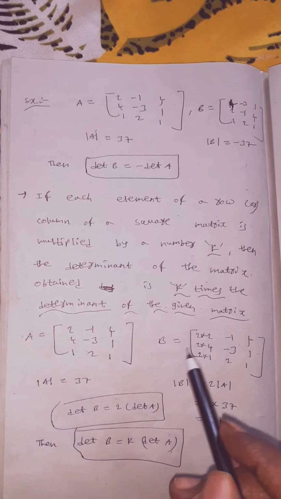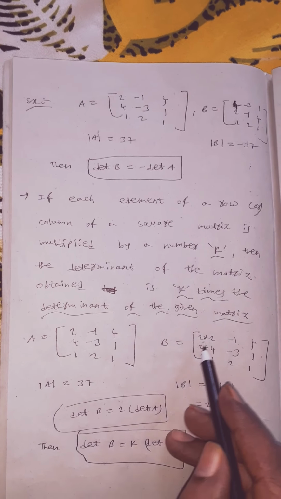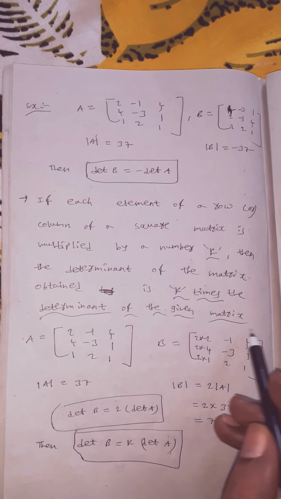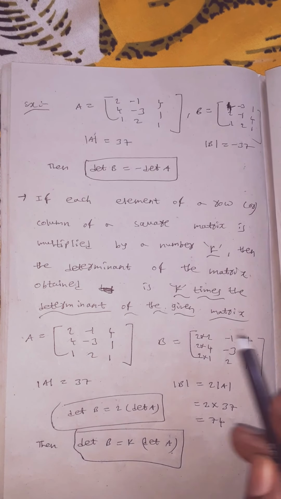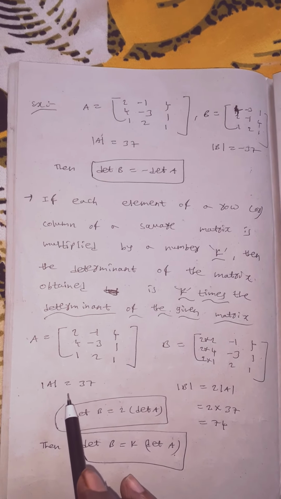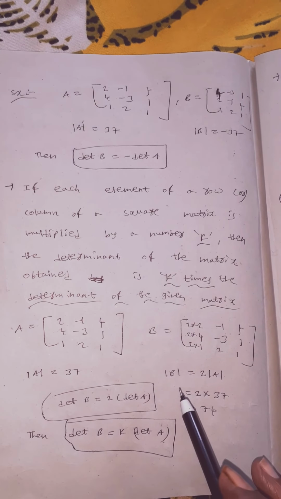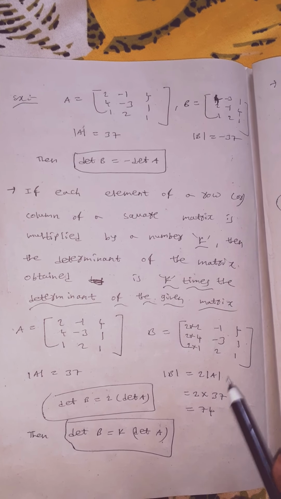B is equal to, here I am multiplying with 2: 2 into 2, 2 into 4, 2 into 1 minus 1. I wrote the second column and third column as they are. I have multiplied the first column with 2. If you are finding the determinant here, how much are we getting? The same 37. But here determinant of B is equal to 2 times the determinant of A.